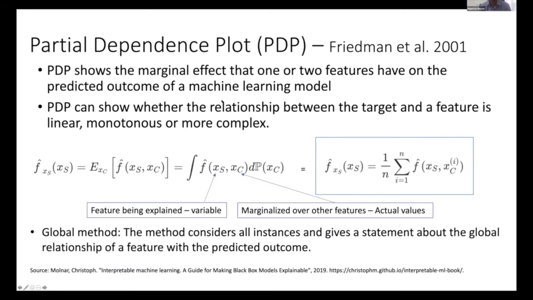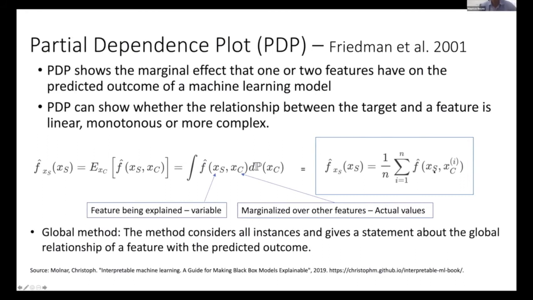Now, the equation is saying very simple things. We're going to focus on the right one here, saying the importance of a feature can be measured as an average. You can see here the average of that model, F, could be a deep learning model, could be a classical linear model for machine learning.